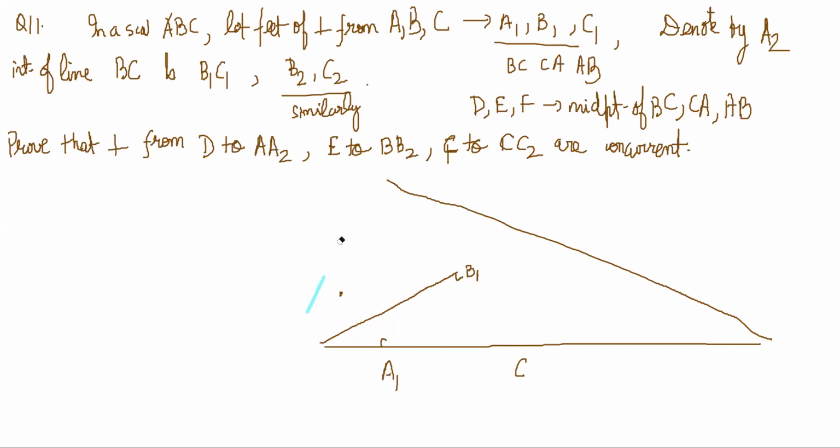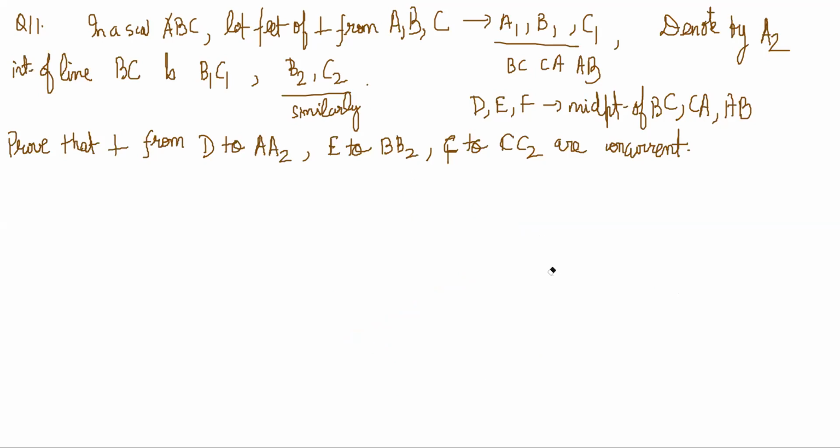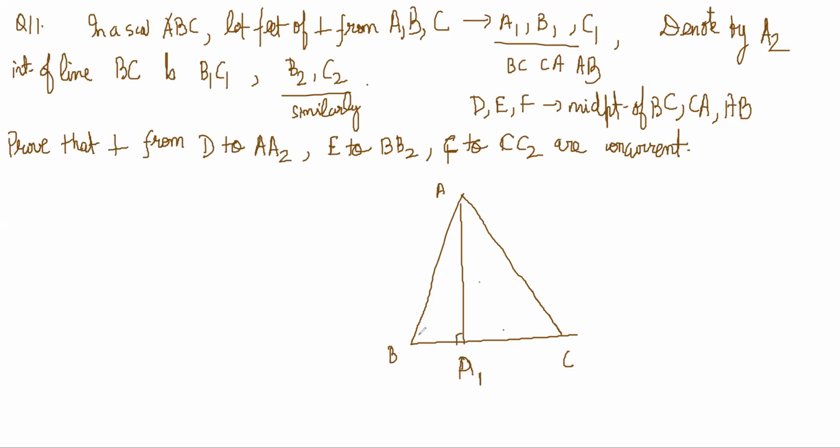Denote by A2 the intersection of BC and B1C1.